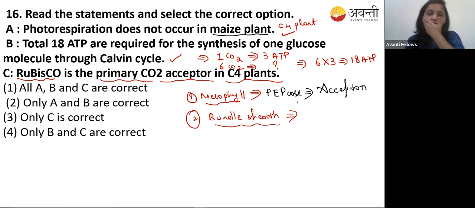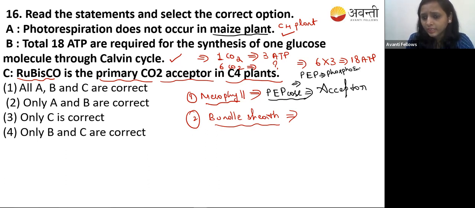So why do we call it C4? Because the first product formed in the C4 plant has 4 carbons. That is why we call it a C4 plant, right? The first acceptor is phosphoenol pyruvate, PEP, and the enzyme is PEPcase.